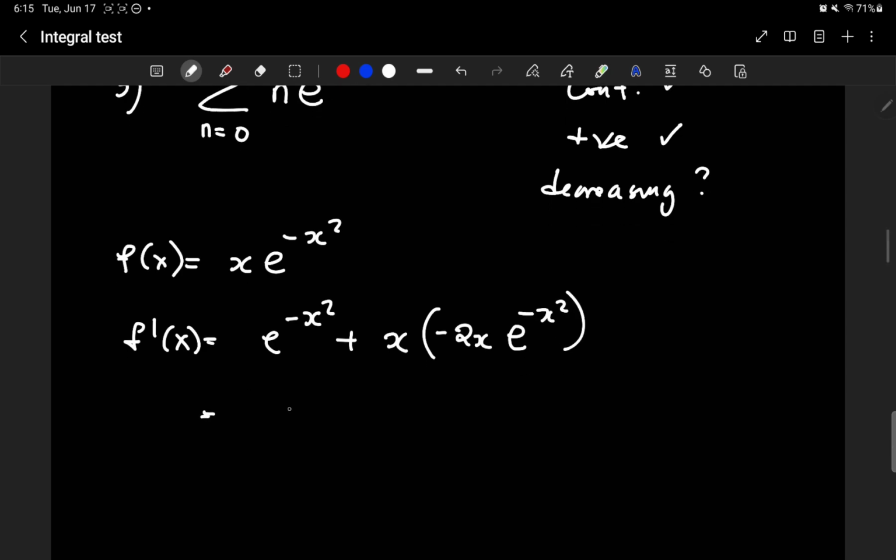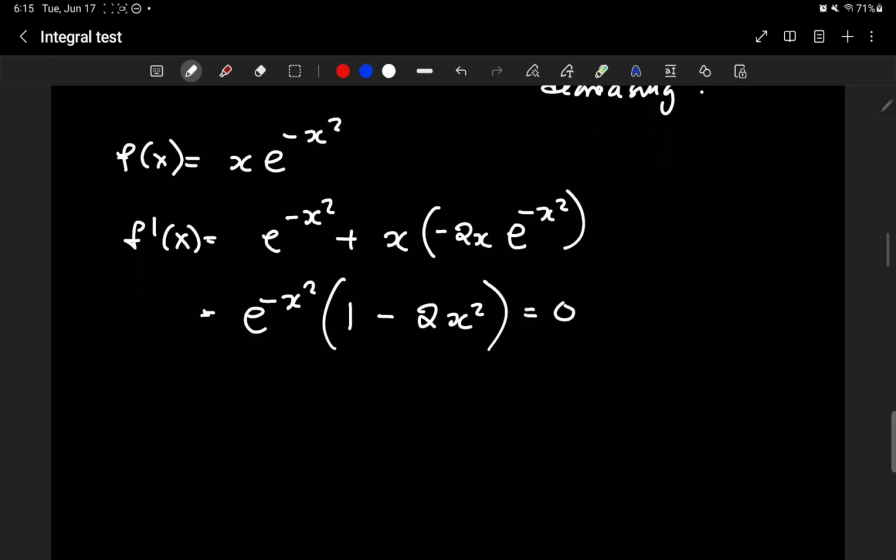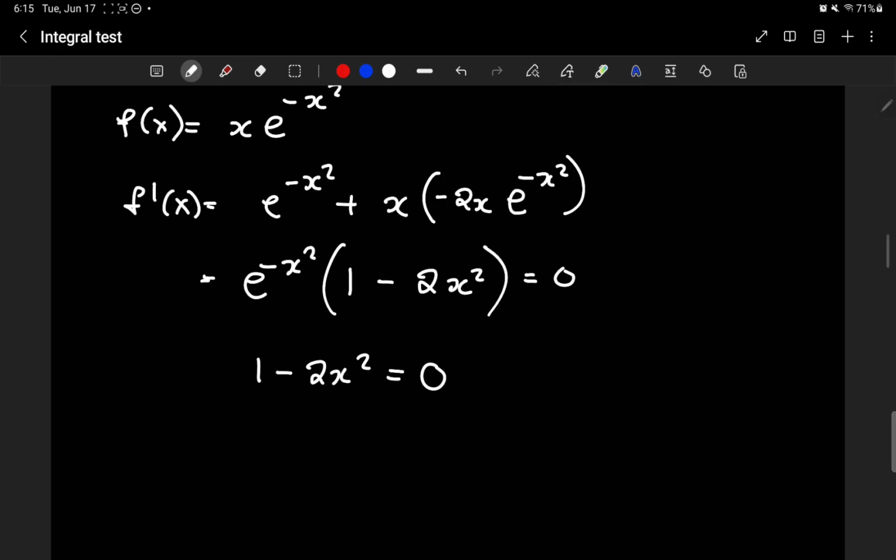So by product rule, we'll get that. We can factor out the e to the minus x squared. Here we'll have 1. Here we'll have minus 2x squared. So to see the turning point of this function, we'll equate the derivative to 0. Since the exponential cannot be 0, it follows that this other part must be the one which is 0 if the product is going to give us 0.